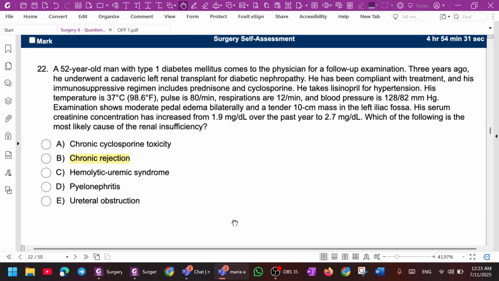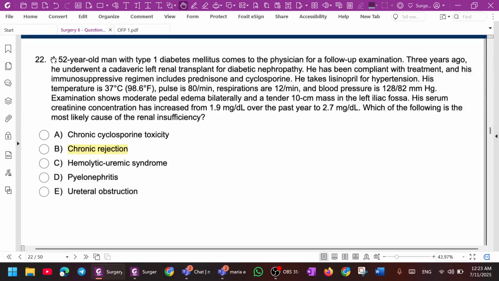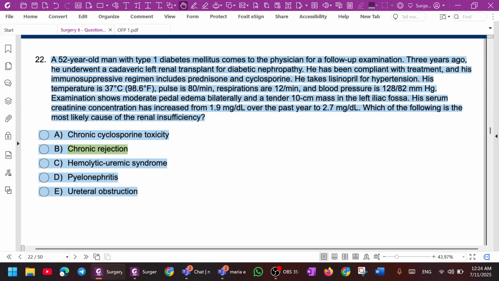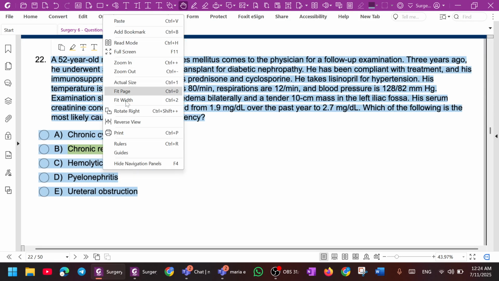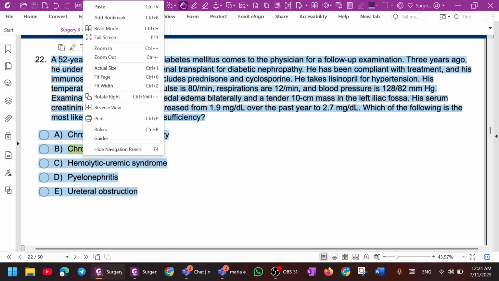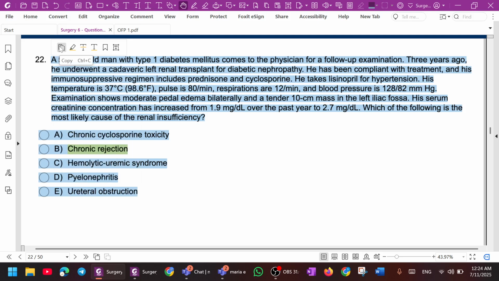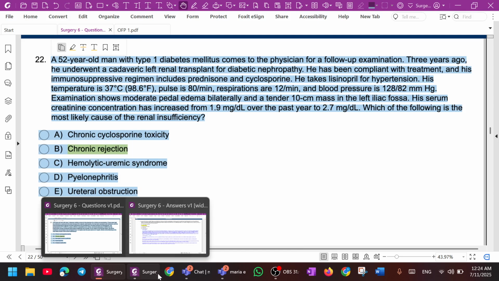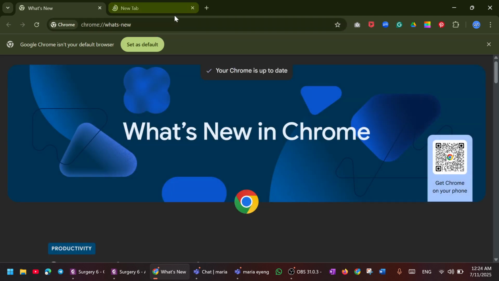You should copy the question and answer. It's not copying the whole thing. Okay, copy, paste. It will come, no problem.